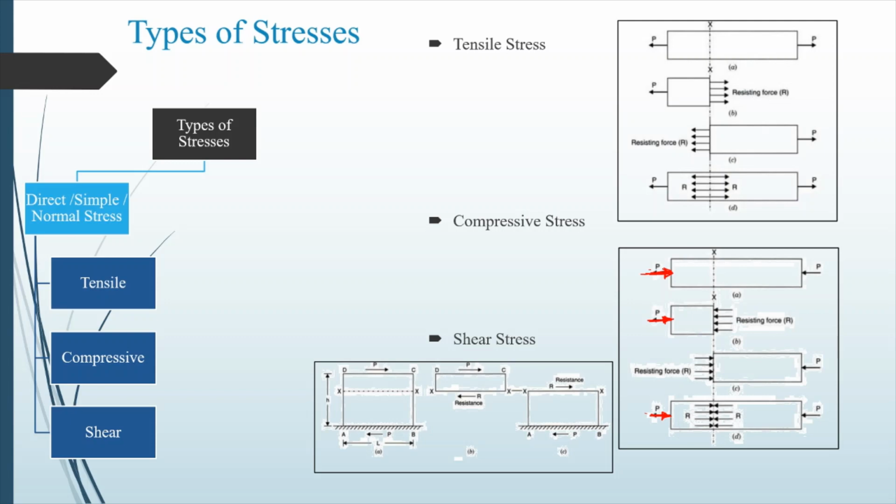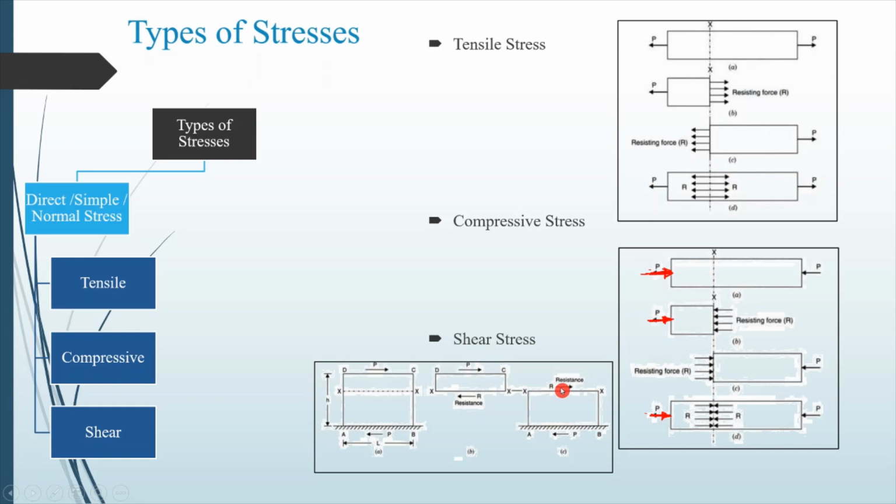shear stress. Shear stress is when the body is acted upon by a tangential force. Here you are observing this P is a tangential force applied on the face DC. If you take section XX, you can observe the resistance which will be opposite to the applied force. So P is towards right, R will be towards left. Similar for the remaining section, this R will be balanced by the reaction R on the remaining part.